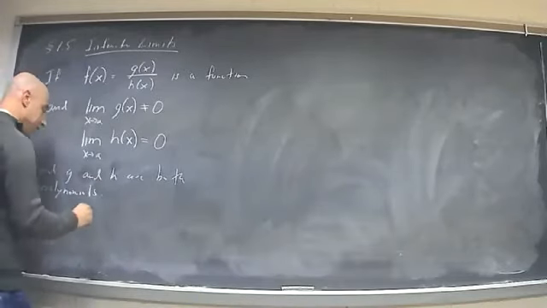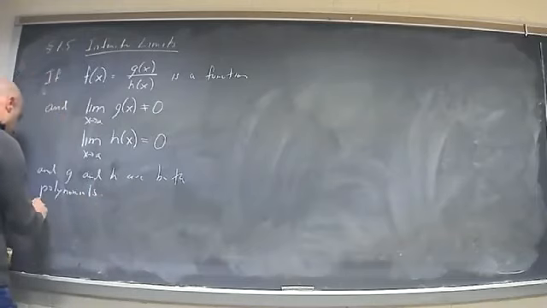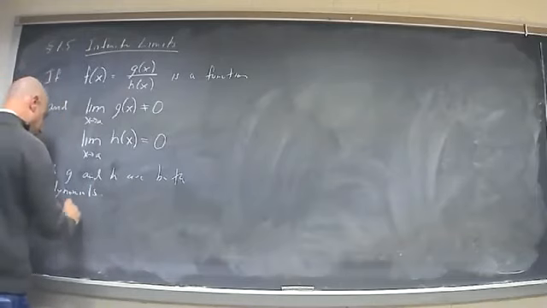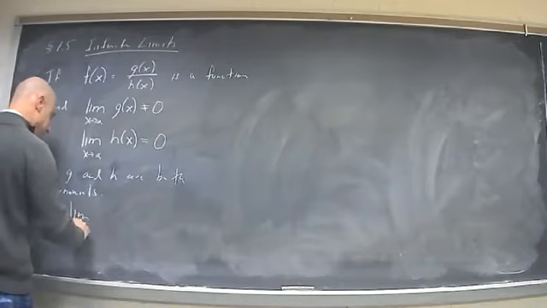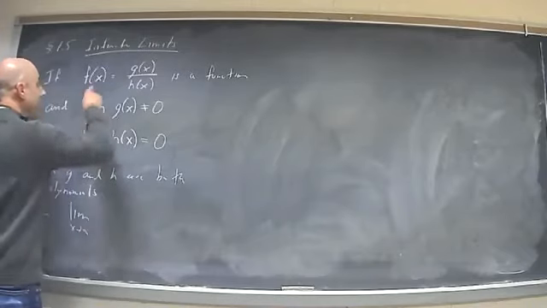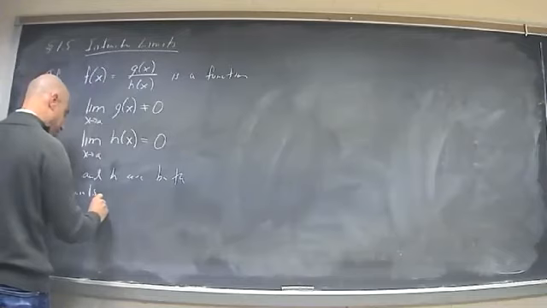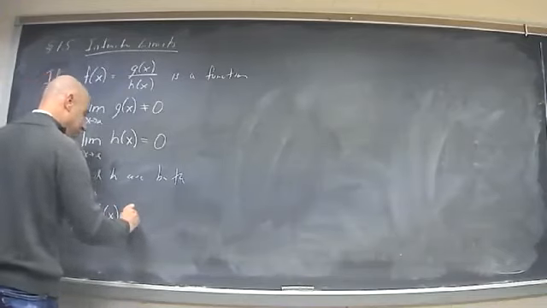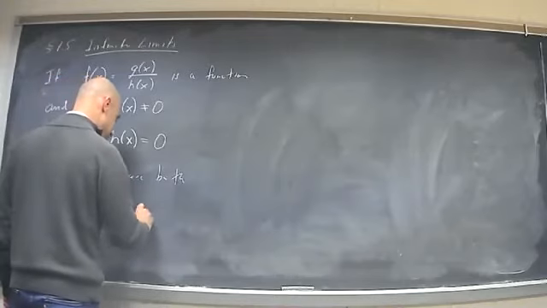Then the limit as x goes to a of f of x, which is just g of x over h of x, equals either plus or minus infinity.